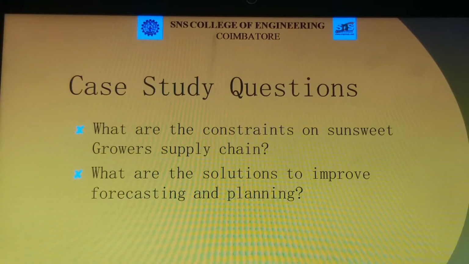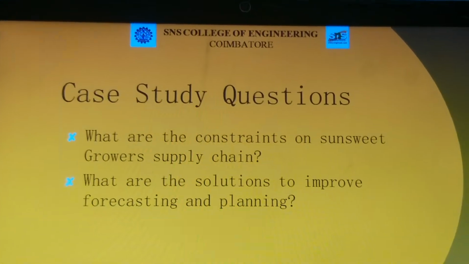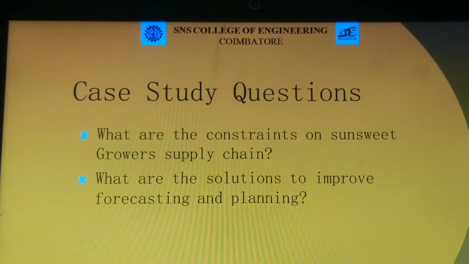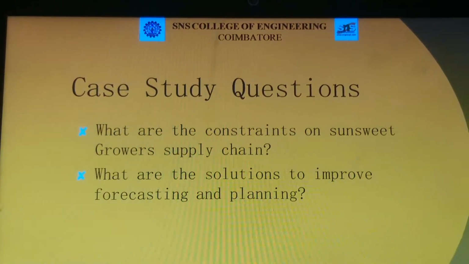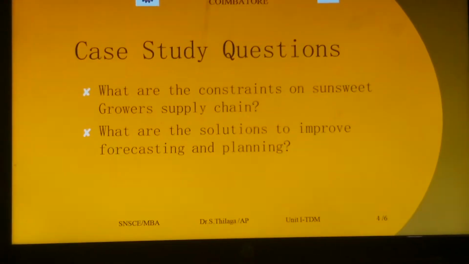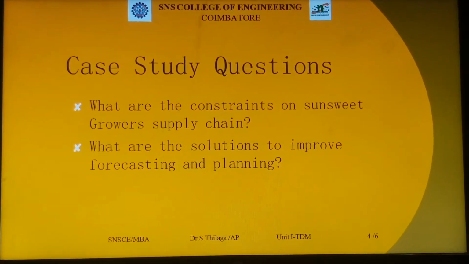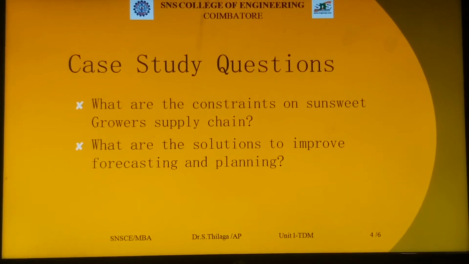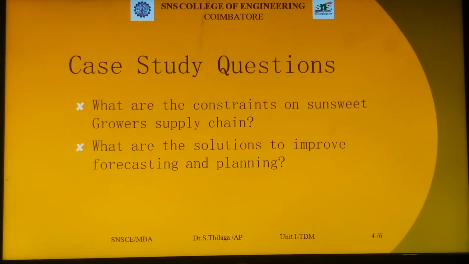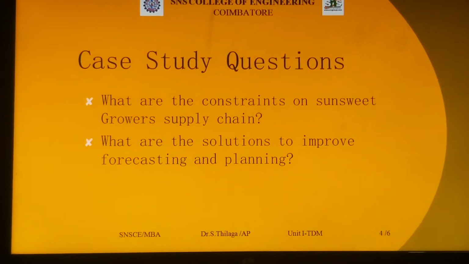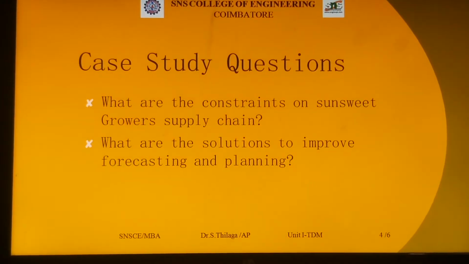This is where they have to redesign their network also. Redesigning is the best solution to remove the constraints which they are facing in their supply chain. To conclude, redesigning and bringing in more technology-oriented data analysis will be a solution to Sunsweet Growers.